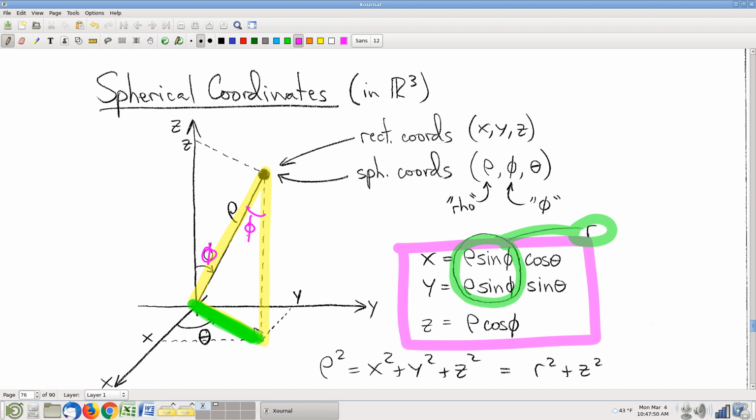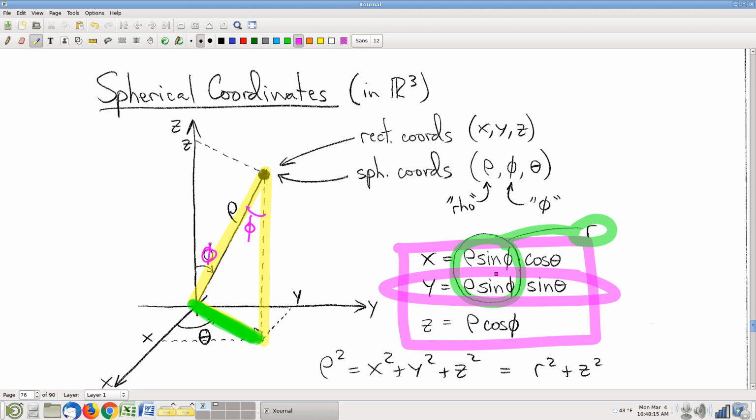So once you make that realization, the first two formulas fall in your lap. This first formula, that's really just x equals r cosine theta again, just rewriting r in spherical coordinates. And this second formula, that's just y equals r sine theta again. It's the exact same formula, we've just rewritten r as rho sine phi, per this yellow triangle.